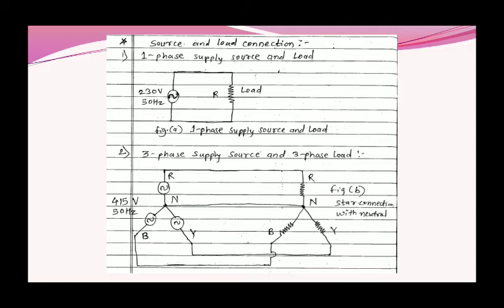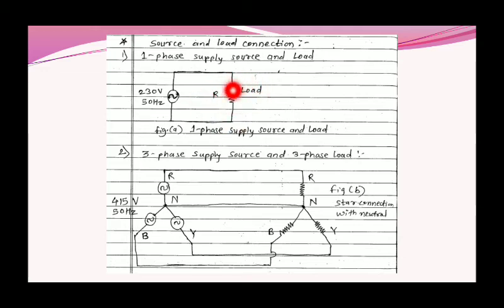As you can see, I will show you a simple diagram. So this is, for example, a single phase AC supply, source and load. Whatever we get from the MSCB, that we call a source. It is a 230 volt 50 hertz single phase AC supply. Then comes our load. The load can be our fridge, TV, tube light, press iron, water heater.